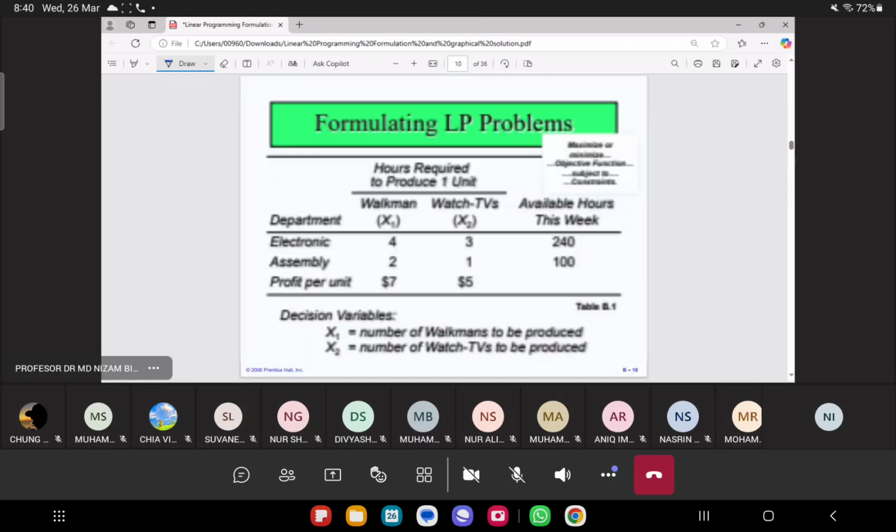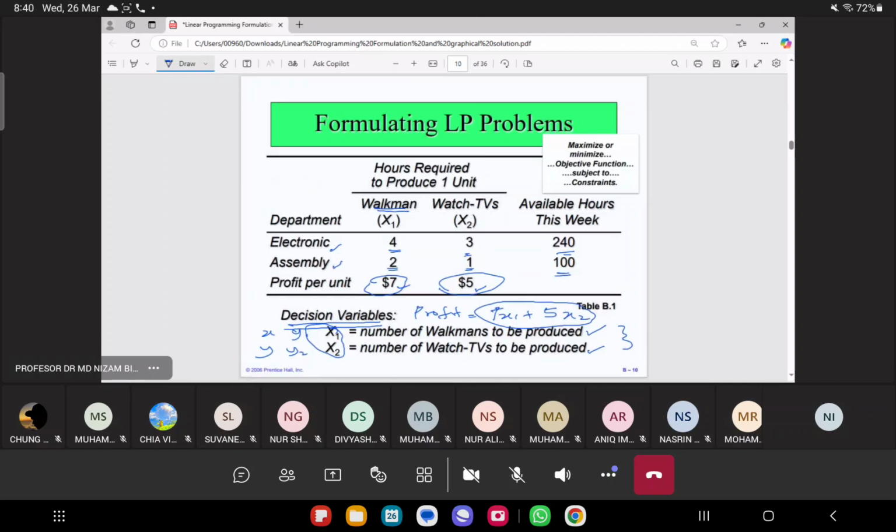So in this particular case, what are the constraints? Anybody? In this particular case, what are the constraints? Available hours? Yes, available hours for electronics and assembly. So the constraints for this particular case are electronics and assembly.